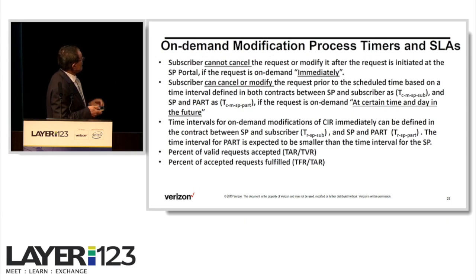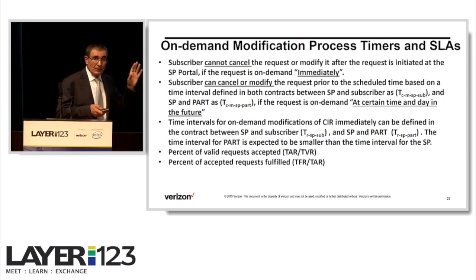There are also timers, and we have also quality of service parameters like TAR, which is the ratio of the accepted requests versus the number of requests that we received.